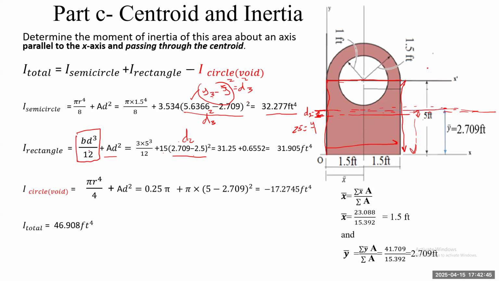Centroids and inertia come in very well in fluid mechanics, so maybe that's why they use depth. Probably I should stick to the h in the standard formula, but anyhow, in water they'll call it depth. So here, it's bd cubed upon 12.